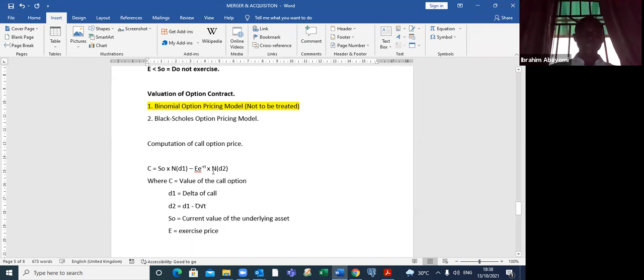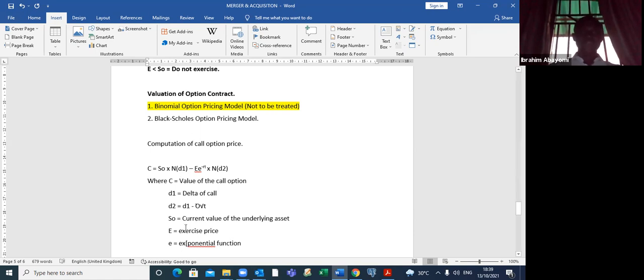And this one here, that small e, is the exponential function.